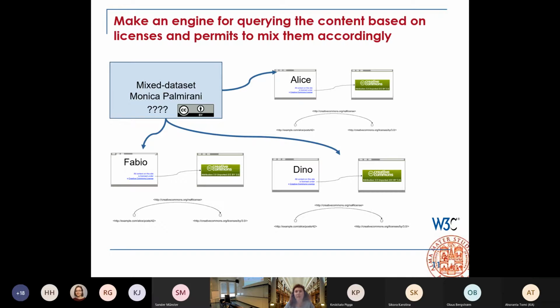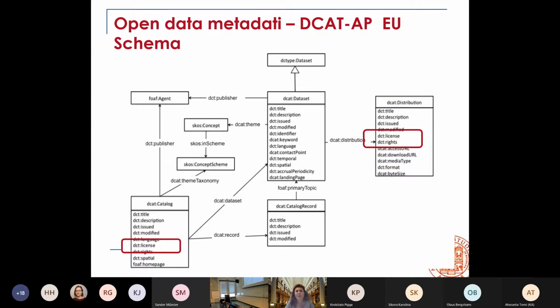Nowadays, also in Europeana, there is only the CC BY license and the link to the text, without any more information on the thread and the provenance of the other datasets that compose the result of a mixed dataset. We also have a common metadata schema in open data that is used at the European level. And there is a specific element, license and rights, but it's very limited and not enough.